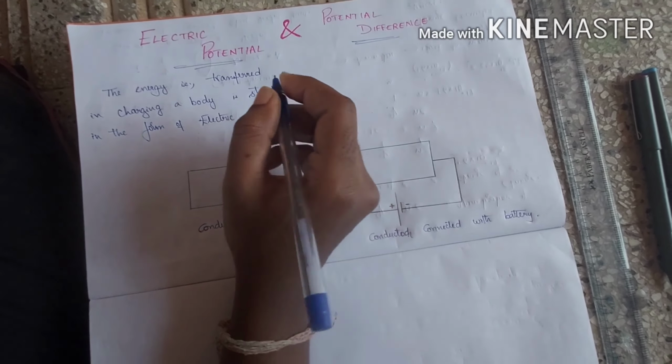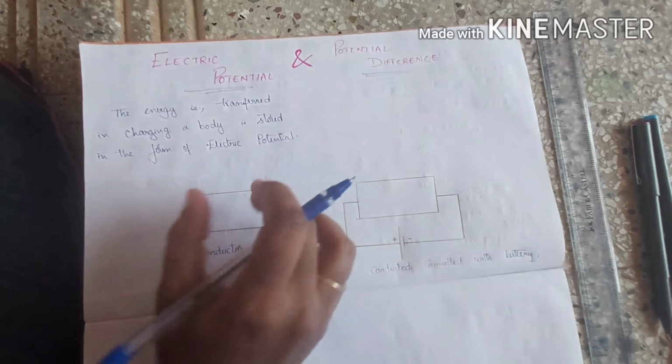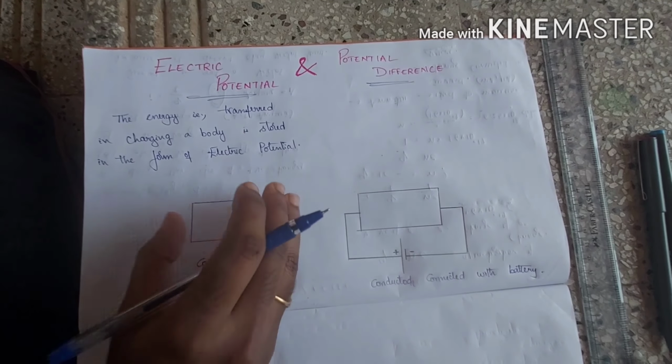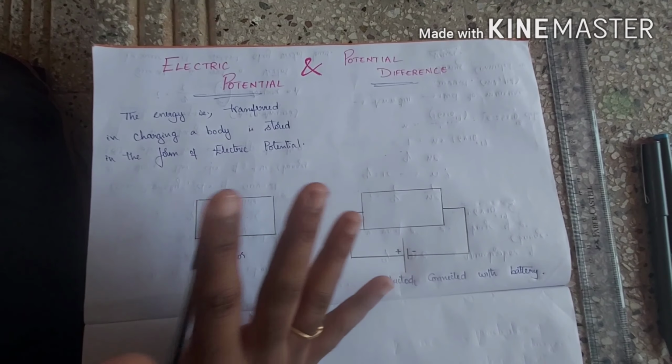So the energy that's being transferred while charging a body is stored as electric potential, and this electric potential is used as a work to attract or repel other charged bodies.